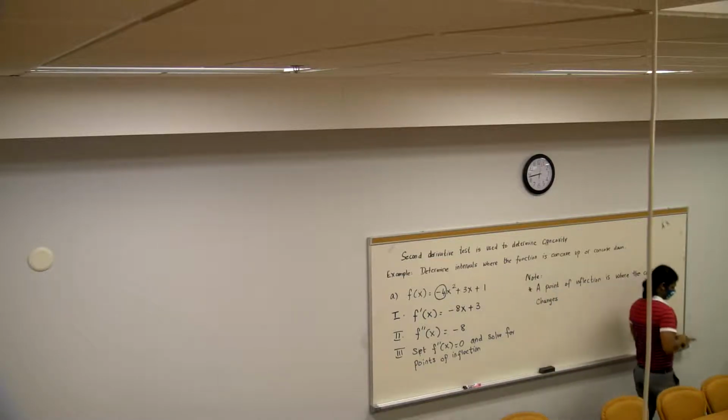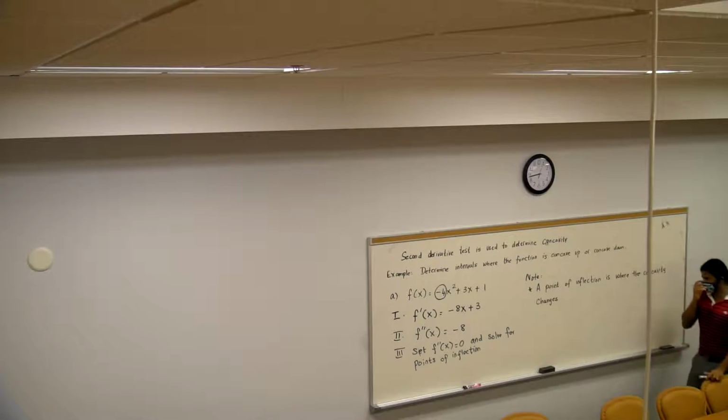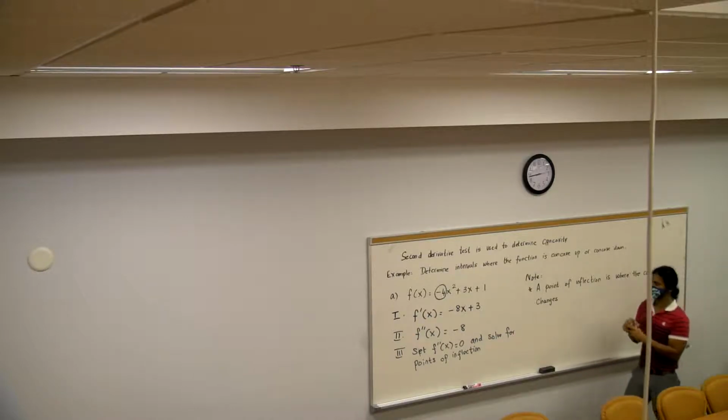The point of inflection is a point where the concavity changes. In other words, it has to go from up to down, or down to up. Then we call it an inflection point.